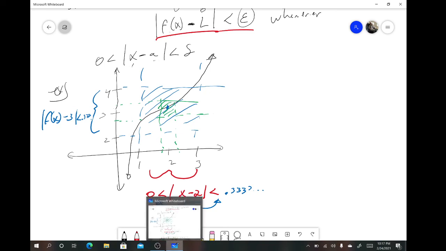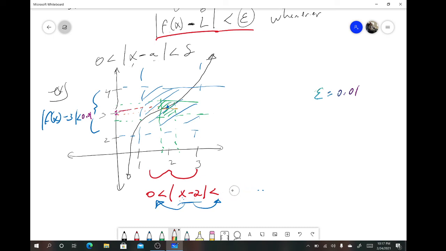But let's say somebody told you, hey, I want epsilon to be even smaller than a third. So let's say somebody told you, okay, make epsilon be 0.01. Well, that means that now we're interested in making f of x minus 3, that distance, be less than 0.01. So that means that now we're looking at values very, very close to 3 on the y-axis.